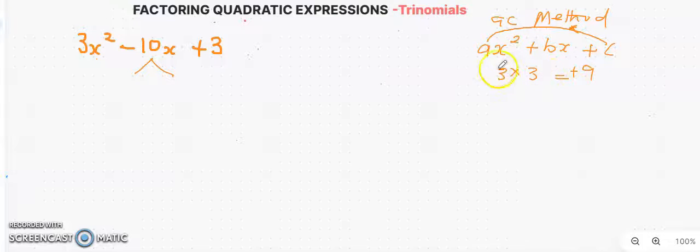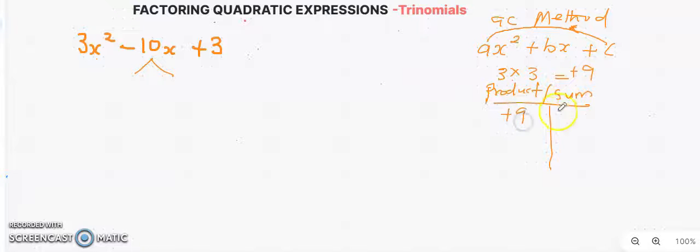After we multiply the coefficient of the first term by the last term, we do what we call product sum. Now, we are looking for factors that have a product of positive 9 and a sum equal to the coefficient of the middle term, minus 10.